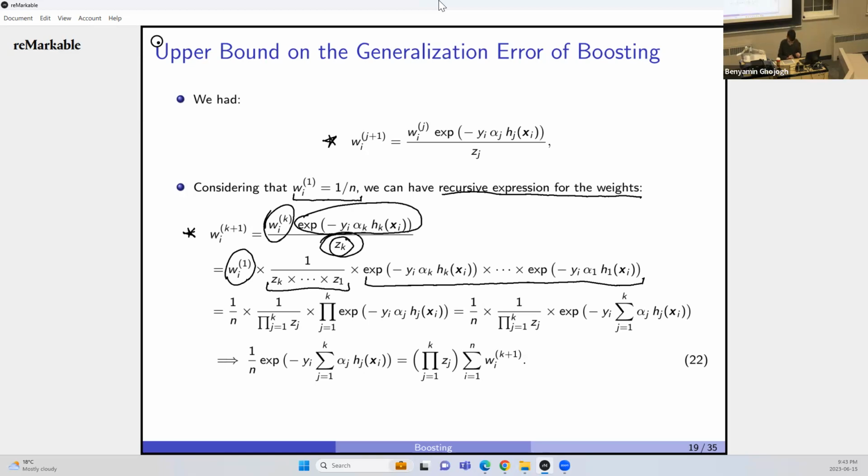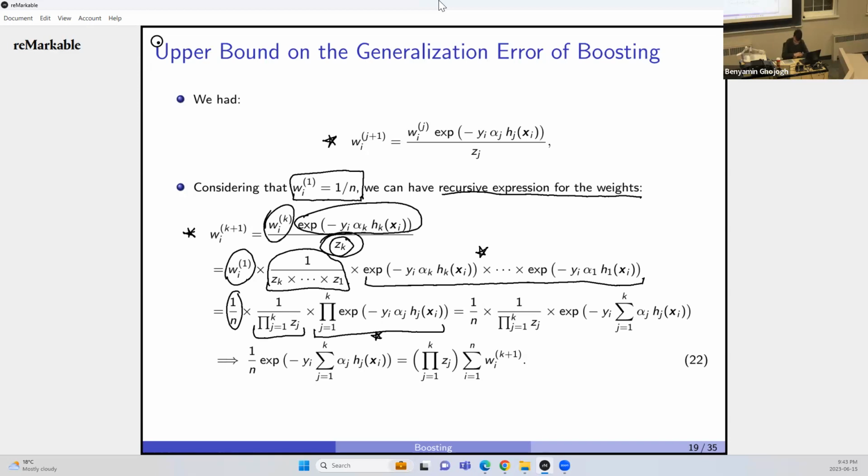Okay. Now I can write this multiplication of denominators as this. I replace w1 as 1 over n because of this. I also write this multiplication as this. Now what happens?